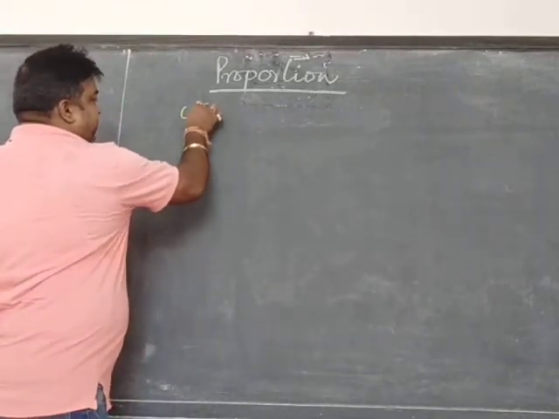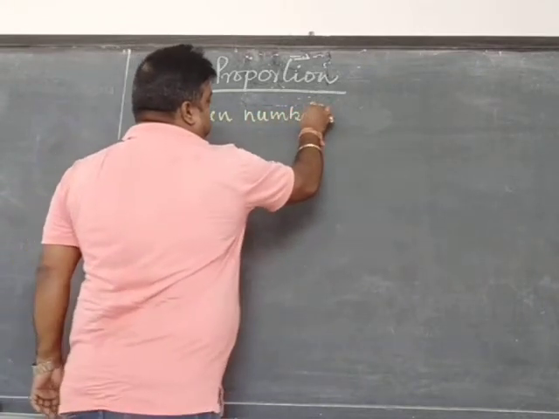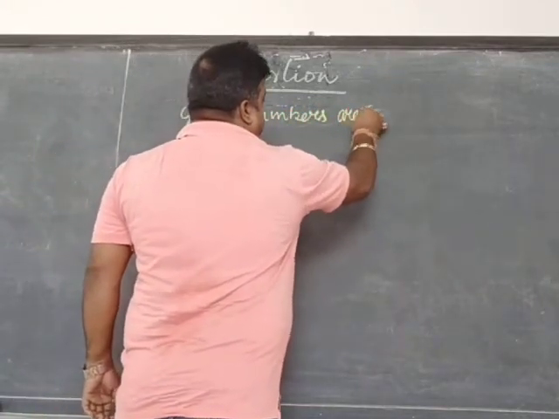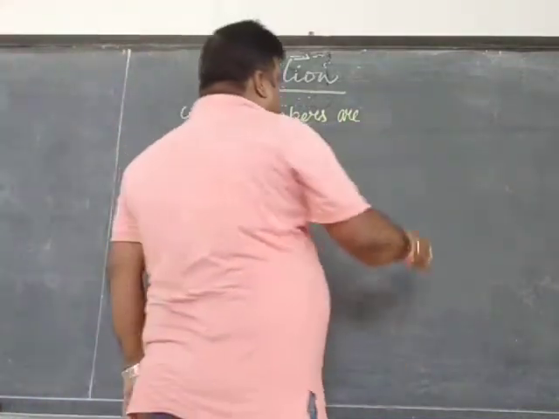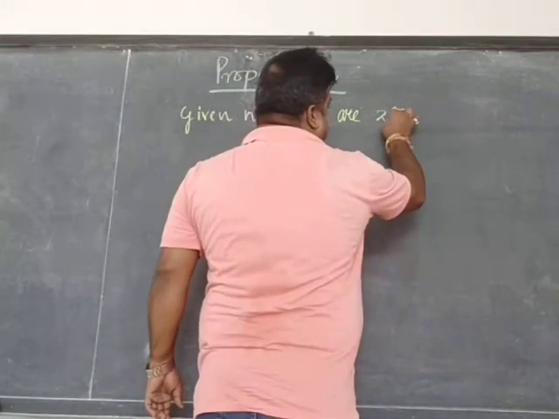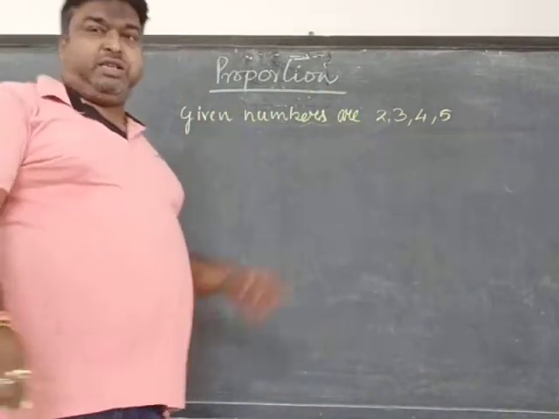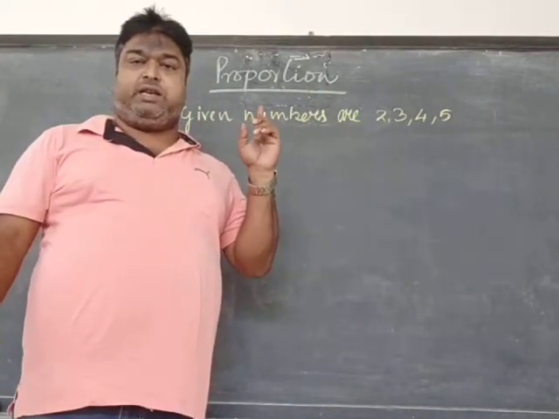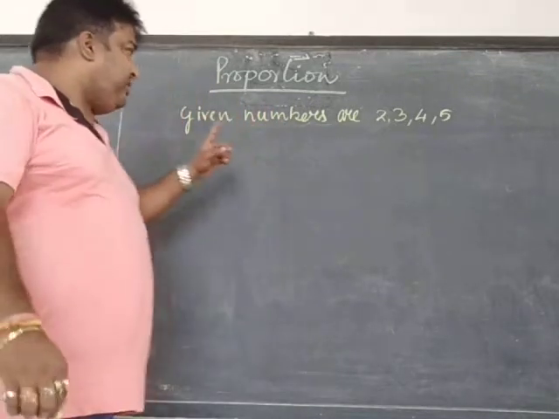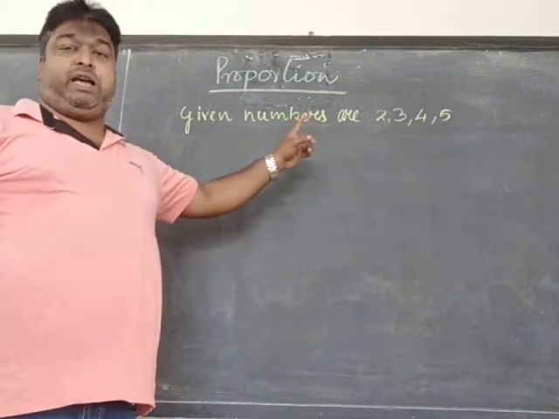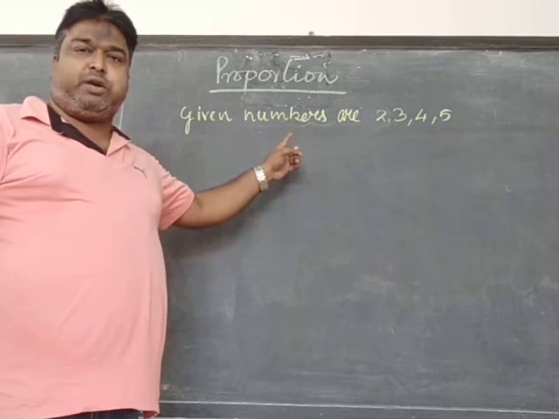Given numbers are 2, 3, 4, 5. As we discussed at the very beginning of proportion, to check the proportionality we have one relation, that is product of extremes equal to product of means.